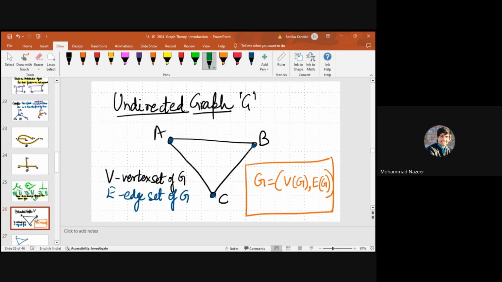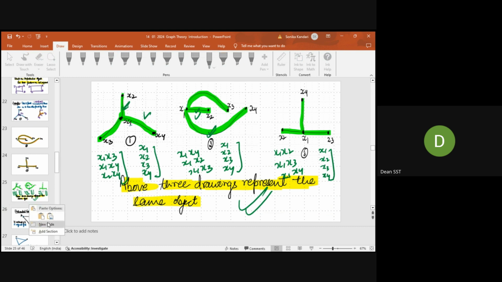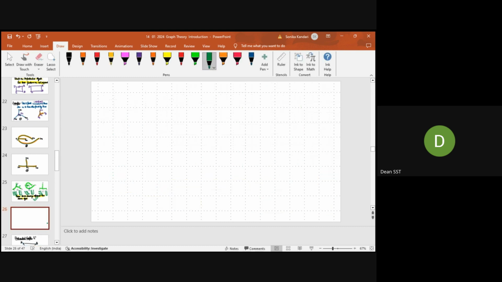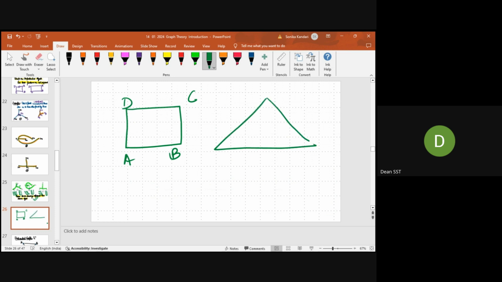Okay. So what is an undirected graph? In some graphs, you will see no arrows. There are no arrows. But in other graphs, you will see arrows, like A to B, there is one arrow.